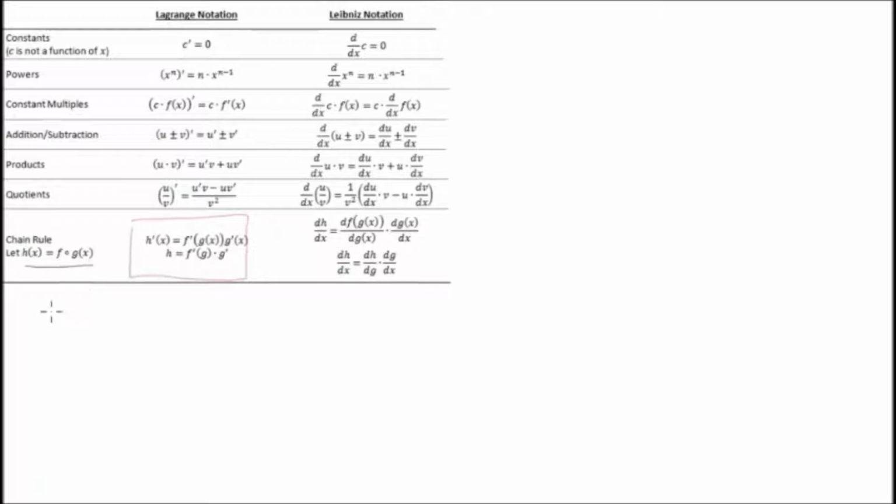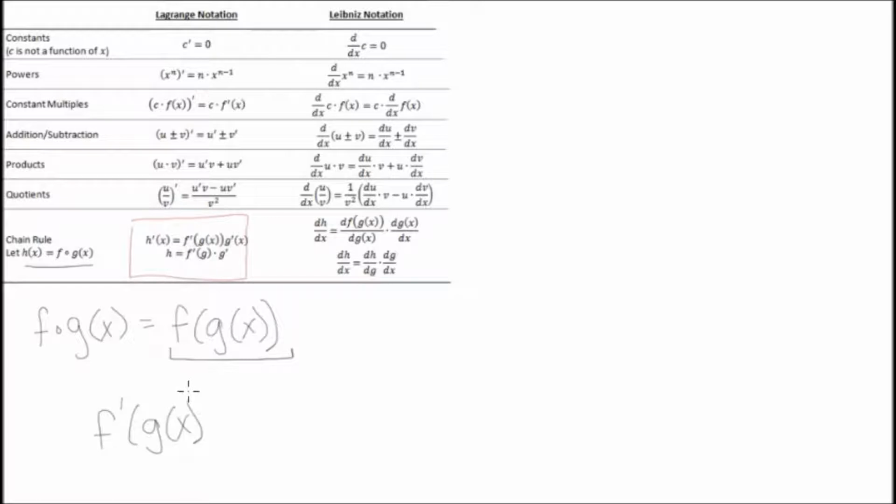So in this case, we are talking about the function f of g of x, and we could also rewrite it as f of g of x. What we do when we take the derivative of a function that can be re-expressed as the composite of two different functions is we take the derivative of the first function, including that second function, basically treating that second function like a constant, or like a variable.